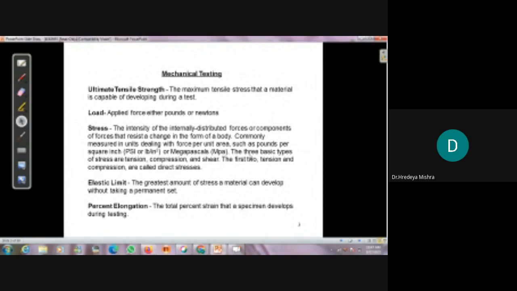Shear force is the resultant of two opposite forces on the particular material. Shear means we cut the material, and we cut it when two opposite forces are applied over a very small area.